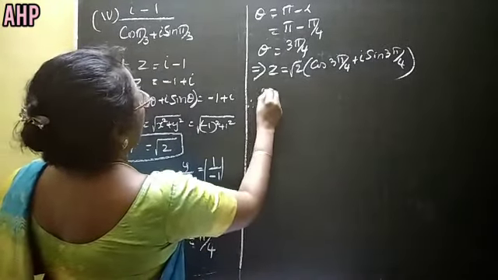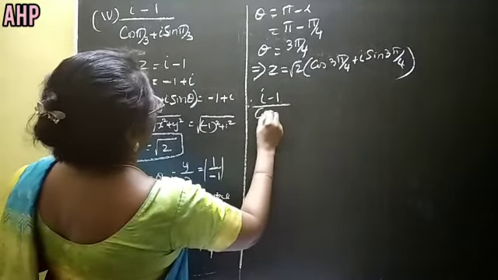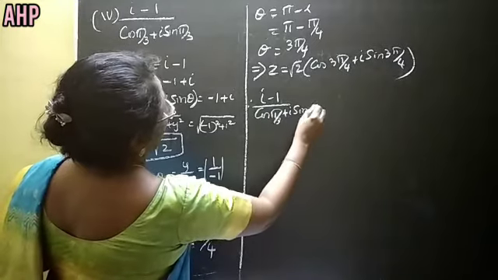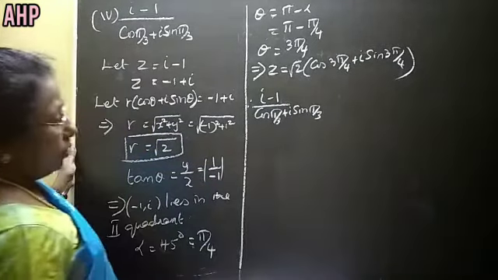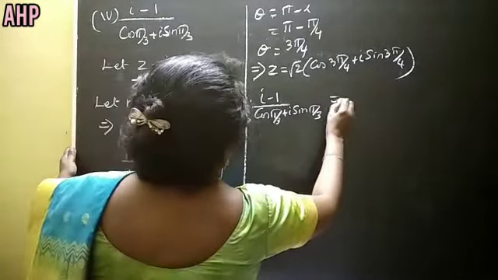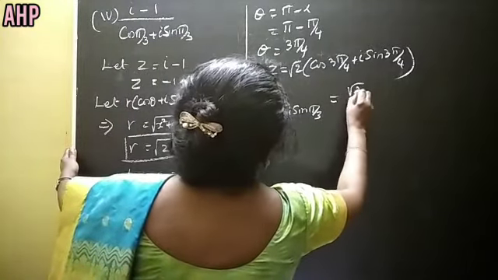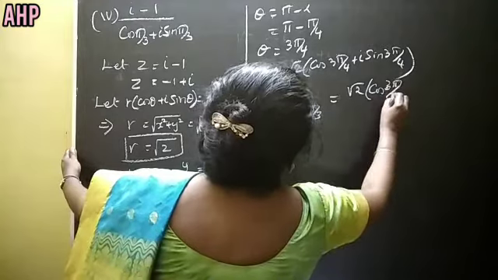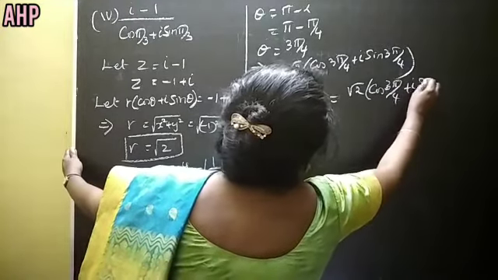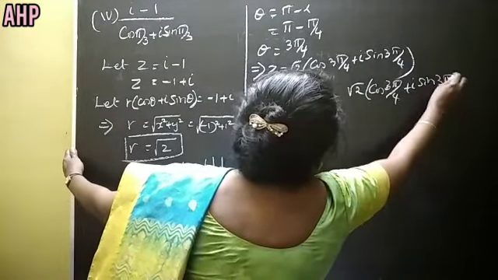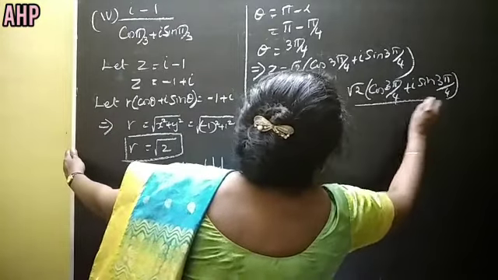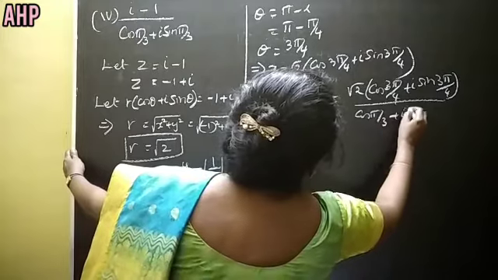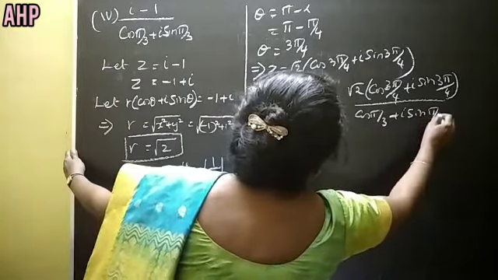Therefore, (i minus 1) by (cos pi by 3 plus i sin pi by 3) is equal to, in the numerator we get root 2 into (cos 3 pi by 4 plus i sin 3 pi by 4), divided by (cos pi by 3 plus i sin pi by 3).